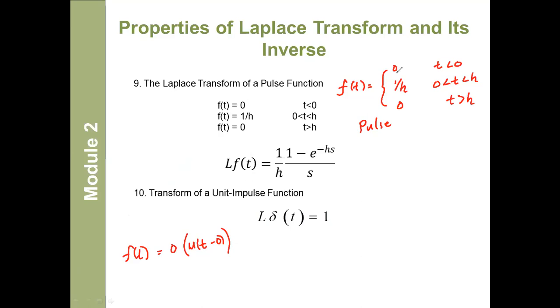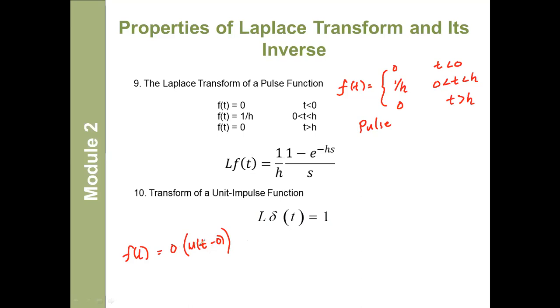If this is sine of t, this will also be sine of t. You will always multiply it by u of t minus whatever constant appears here. In pure math, whatever the function is here, you copy, and whatever the constant is here, that is the constant that should be subtracted in the u of t expression.